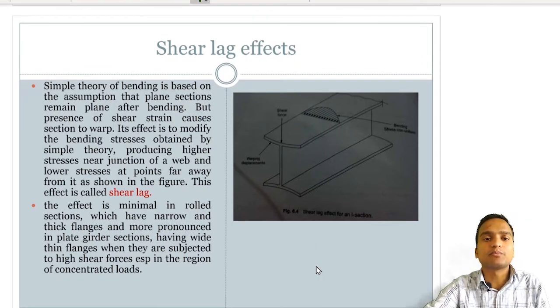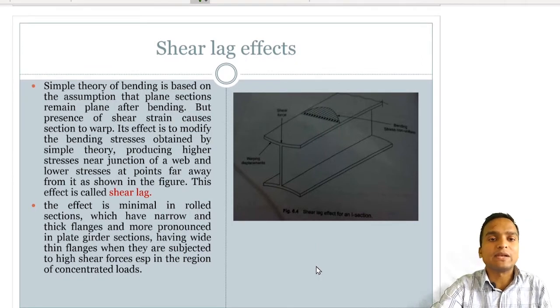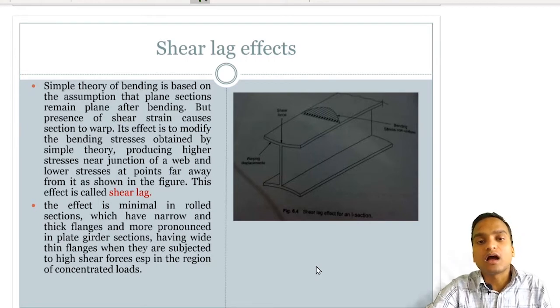So simple theory of bending is based on the assumption that plane section remains plane after bending, but presence of shear strain causes section to warp, and its effect is to modify the bending stress obtained by simple theory, producing higher stresses near junction of a web and lower stresses at points far away from it, as shown in the figure. This effect is called shear lag, and you can see how there is shear lag in the case of the flanges.